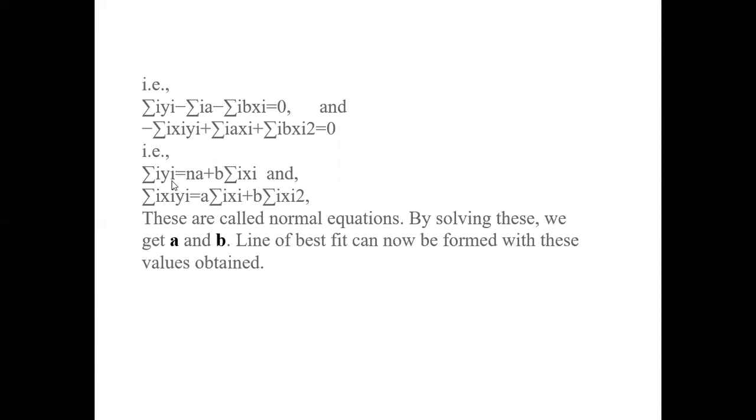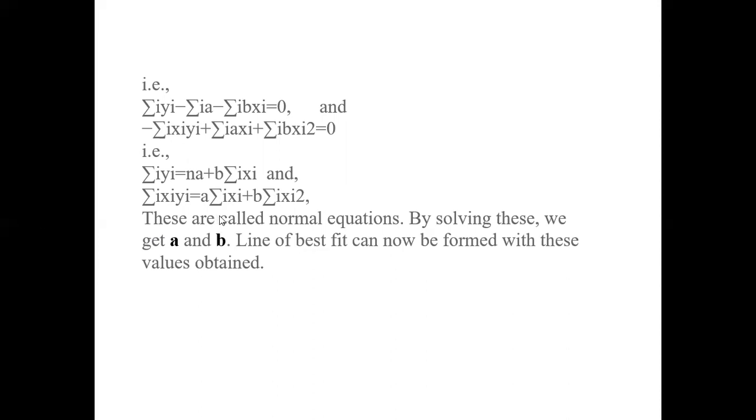Therefore the equations are: summation of yi = n into a plus b into summation of xi, and summation of xi into yi = a into summation of xi plus b into summation of xi square.